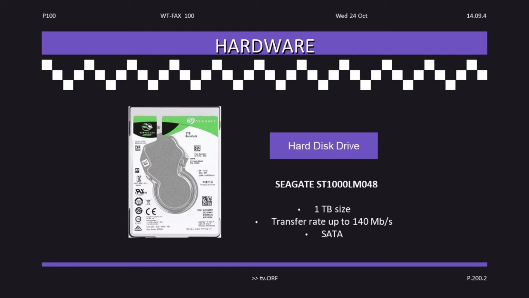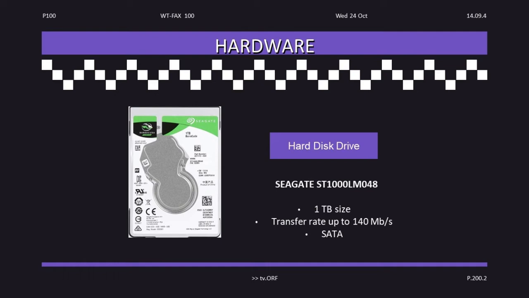The last component of hardware for our PC is a hard disk drive. In a computer, a hard disk drive is the primary and usually most important data storage hardware component. We have chosen the Seagate ST1000LM048.